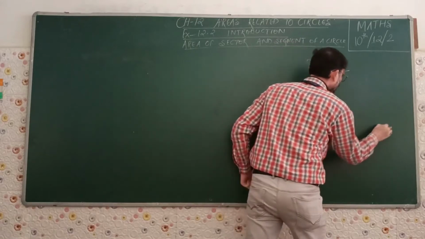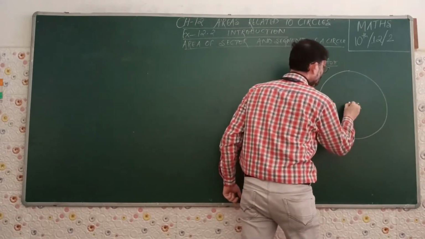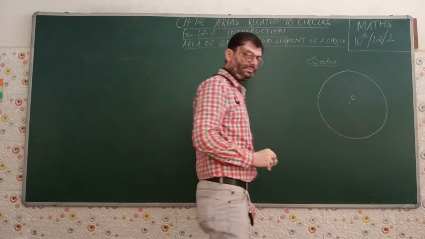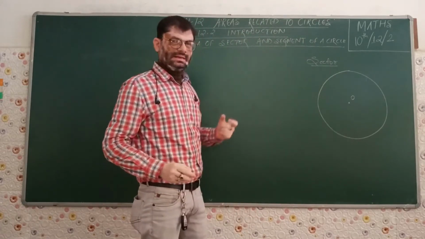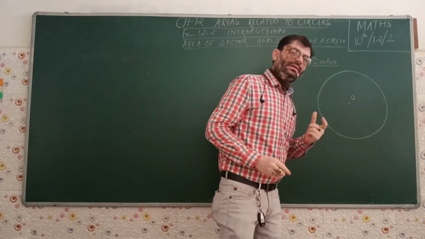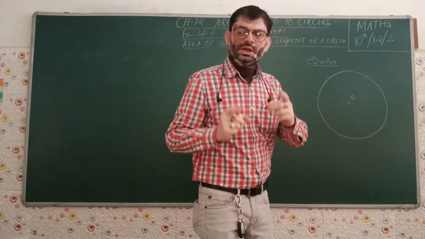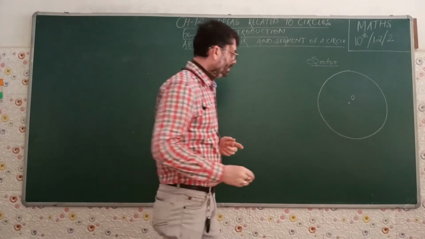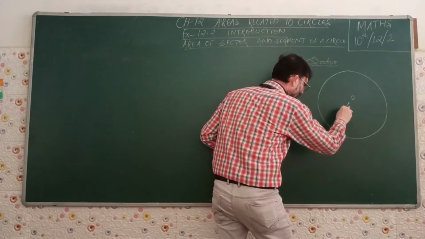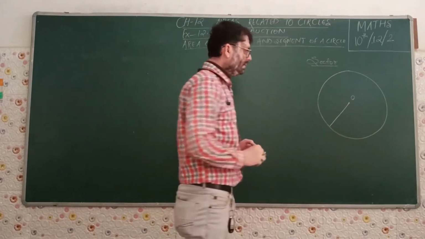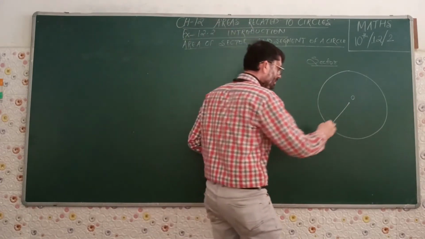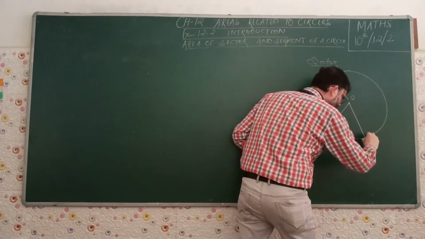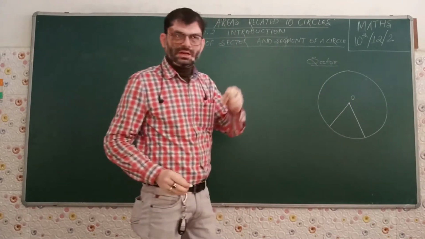Suppose this is a circle with center O. A sector is the region enclosed between two radii of a circle. Suppose we take this one as the first radius, and this one is our second radius of the same circle.